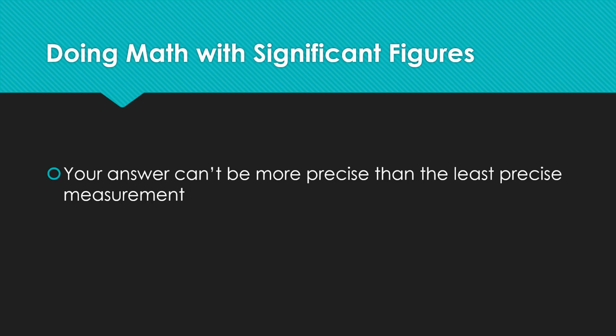Back to the point of sig figs: your answer cannot be more precise than the least precise measurement. If you measure a line and you get it being 3.6 meters, you can't go back to someone and accurately say, oh, this line is definitely 3.6147 meters long if you only measured it to 3.6. That'd be lying. It could be that.